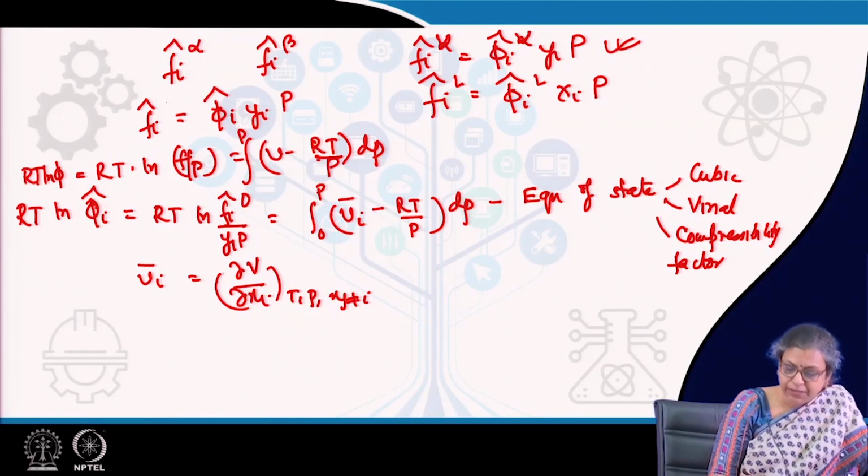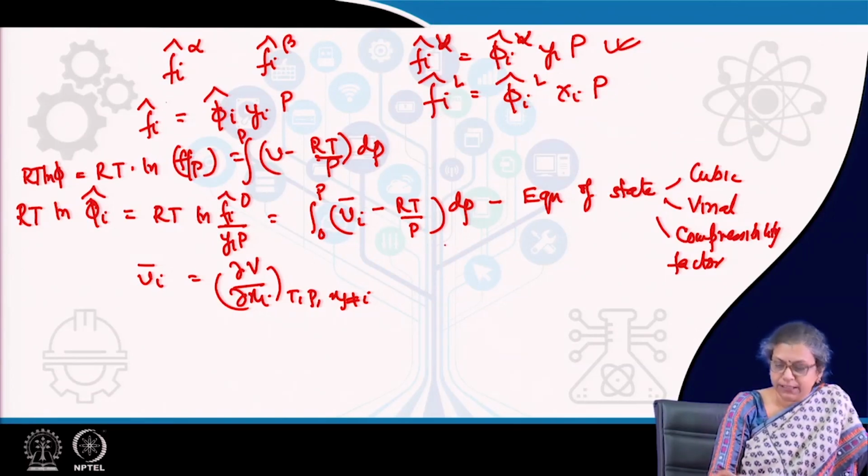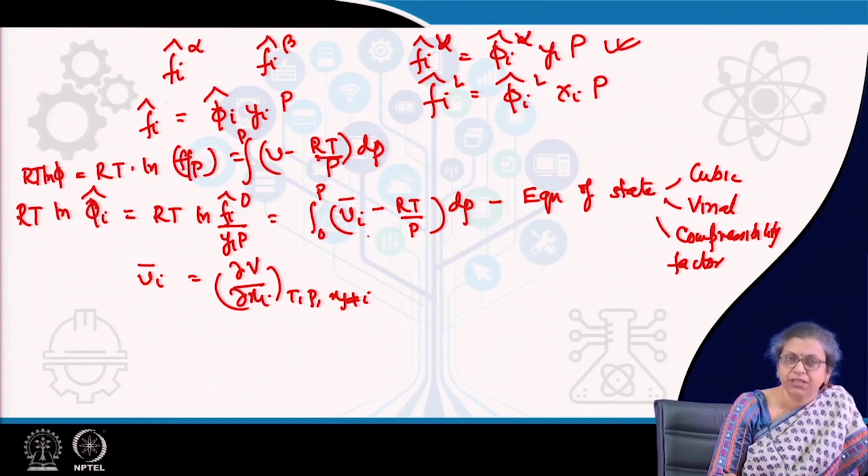This variation we are required to know at every pressure starting from 0 pressure to P pressure. Finding this out becomes very difficult. So, therefore, other than the vapor phase, finding out f_i liquid is very difficult when component i is in a solution.